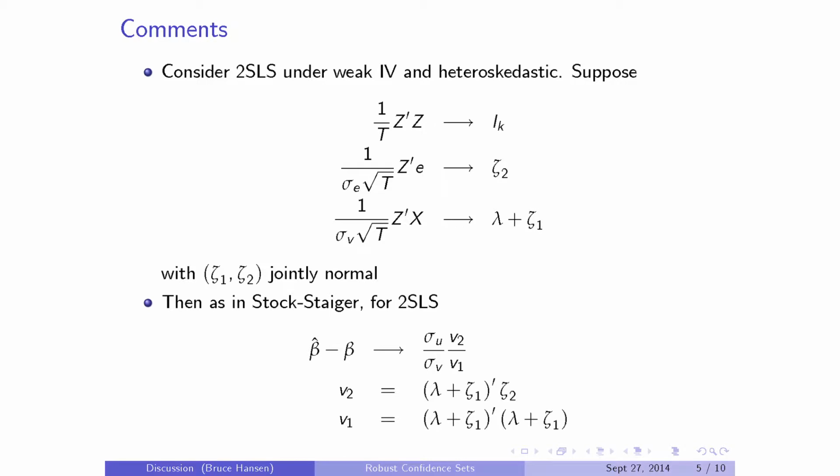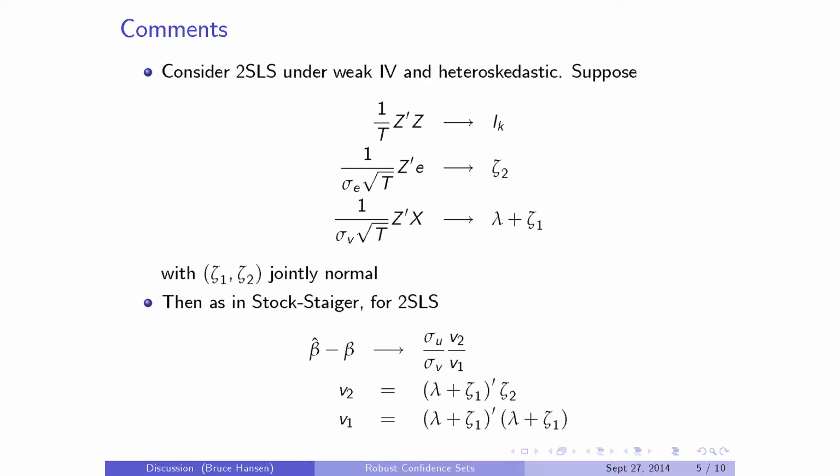Go back to two-stage least squares. Suppose we scale things so z prime z is identity. So z prime e goes to a normal. Z prime x goes to a normal plus non-centrality, so that this c and the two z's are jointly normal.